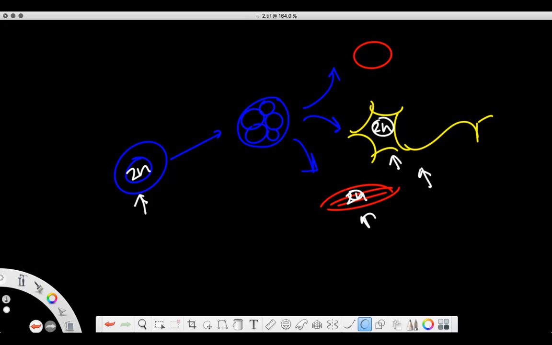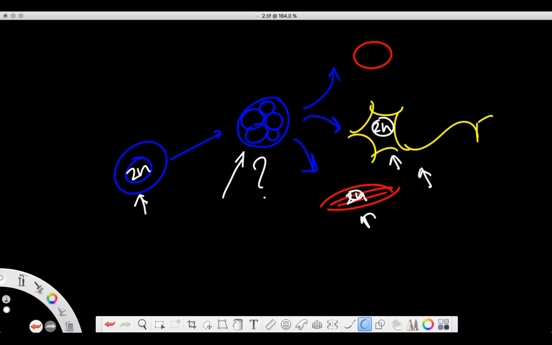If you look at this picture, what makes these changes? We know that it's changing into these cells. So what kind of thing makes the changes?